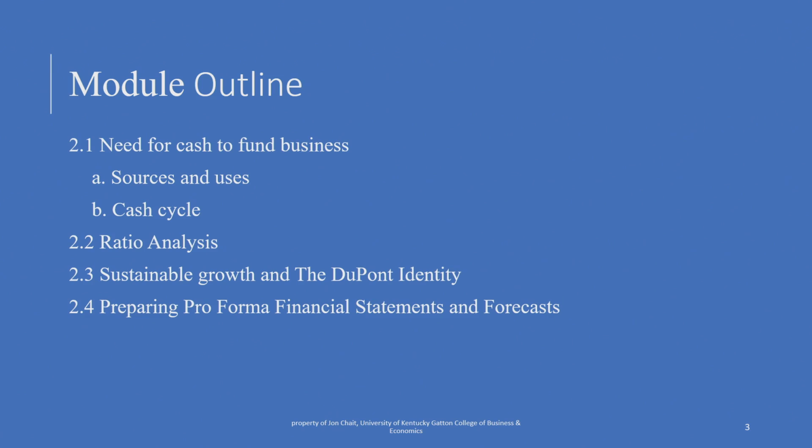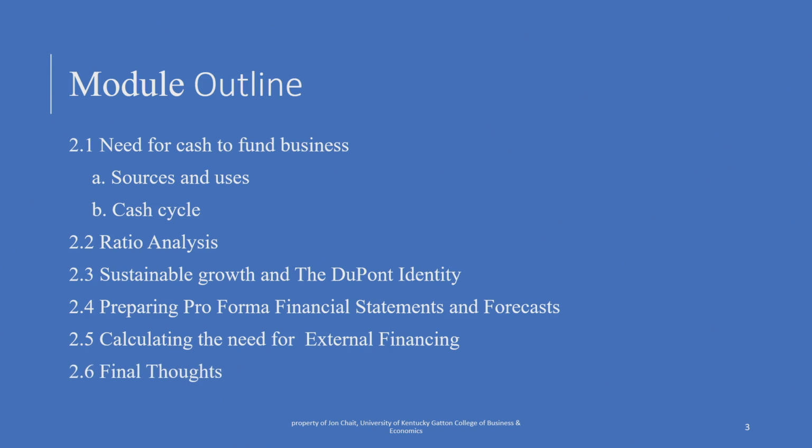We do a bit of forecasting in this class. And again, I want to give you some basic background as we move into more detail later in the class. Finally, we're going to look at how we calculate the need for external financing, which is a handy calculation for all financial executives. And then we'll have final thoughts.